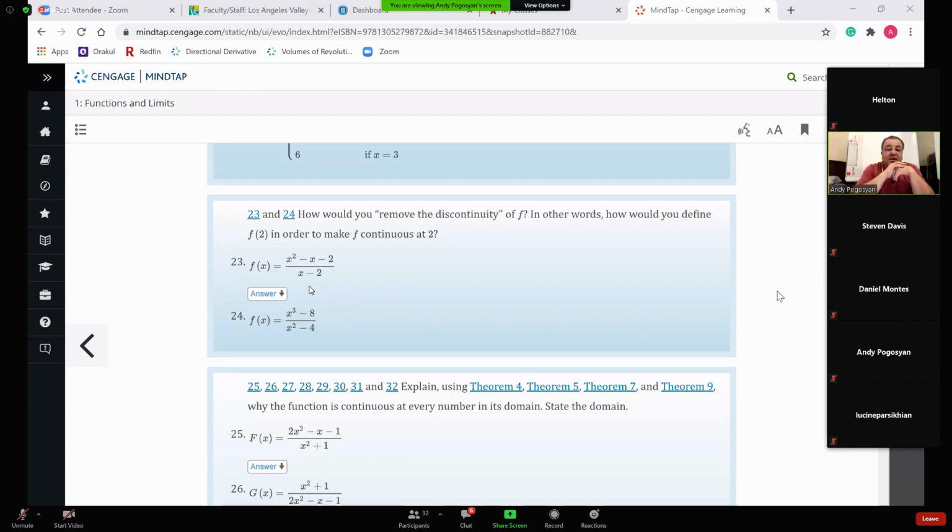But first find the limit of f of x as x approaches 2. In order to make it continuous, they must exist and must be equal to each other, the limit and the function value. So that's why first evaluate the limit of f of x as x approaches 2, equals what?